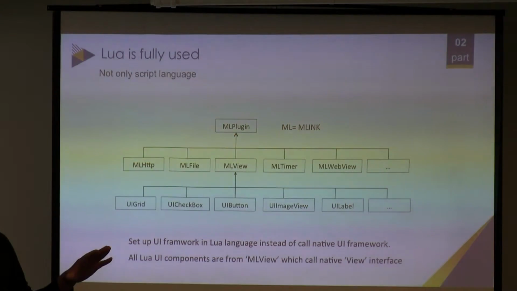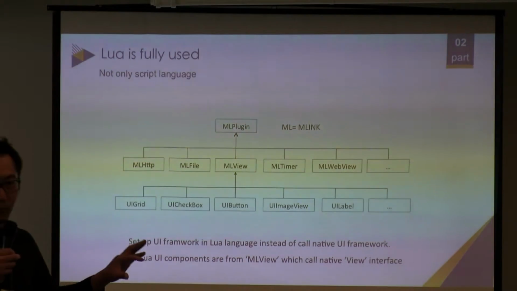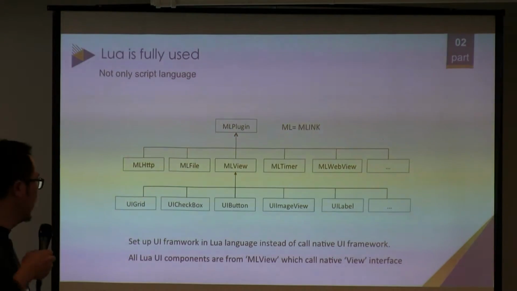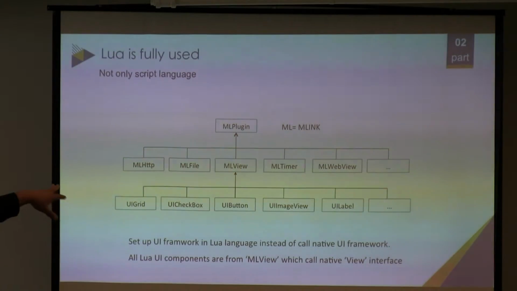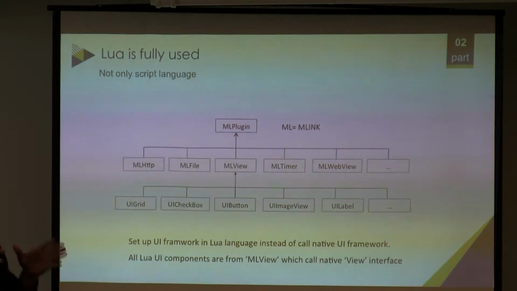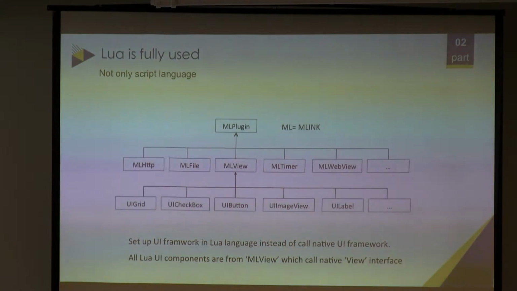We use Lua to realize a UI framework. You can see in this picture, we set up a UI framework in Lua instead of relying on the native framework, the iOS UI framework or the Android UI framework.